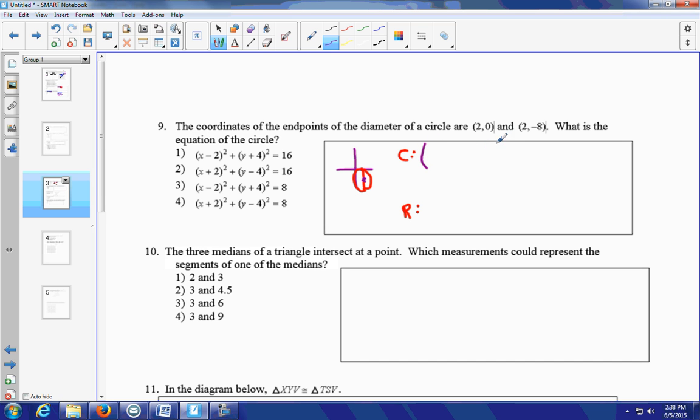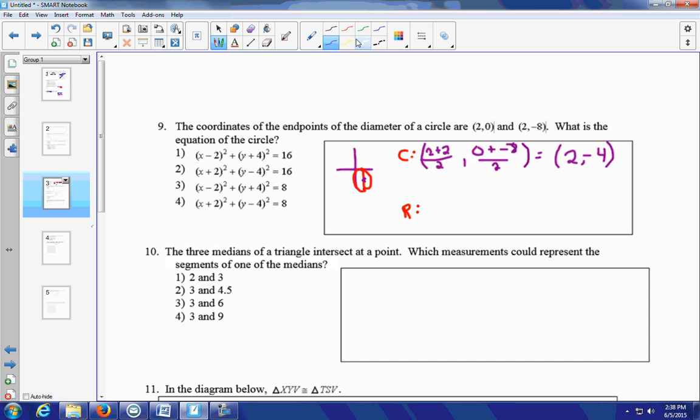That means the average of the x's and the average of the y's. I add my x's, 2 plus 2, and divide by 2 because there's 2 of them. That's how you find an average. For my y's, I add them up, 0 plus -8, and divide by 2. When I do that, I get a center of 2, -4.